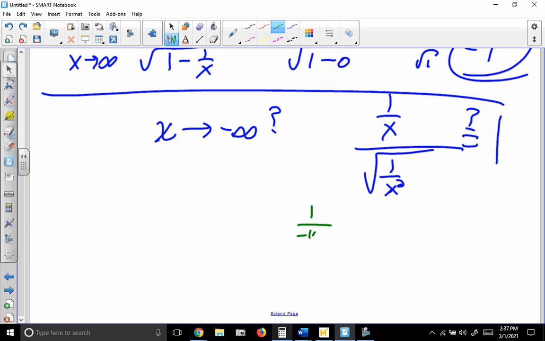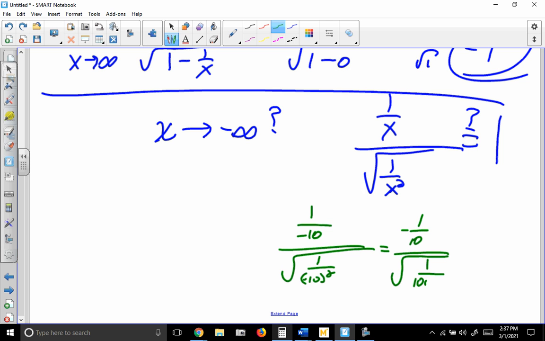If we put in a negative 10 for x, we get positive over a negative, so negative 1/10 on top. On bottom, negative 10 squared is 100. When we take the square root of that, the square root of 1 is 1, the square root of 100 is 10.